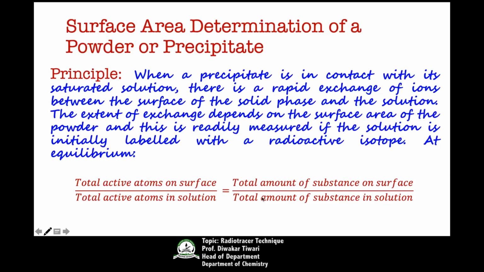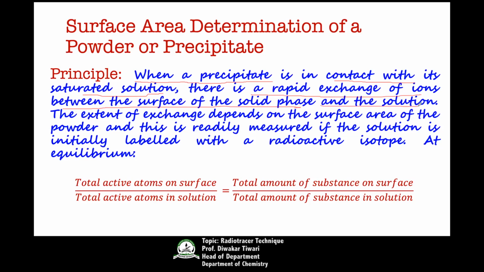One example we can take is the surface area determination of a powder or a precipitate. Surface area determination can be done with the help of radioisotopes. The basic principle involved is that when a precipitate is in contact with its saturated solution, there is a rapid exchange of ions between the surface of the solid phase and the solution.